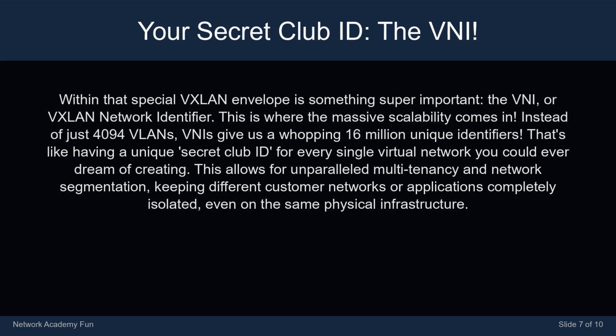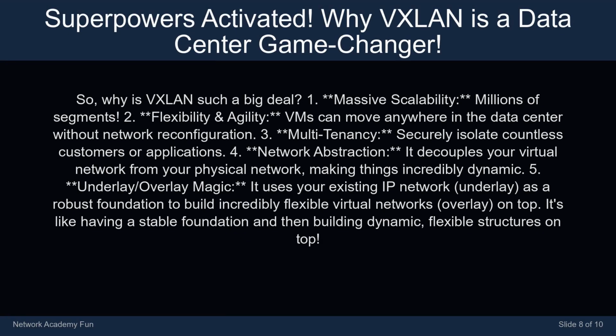That's like having a unique, secret club ID for every single virtual network you could ever dream of creating. This allows for unparalleled multi-tenancy and network segmentation, keeping different customer networks or applications completely isolated, even on the same physical infrastructure.